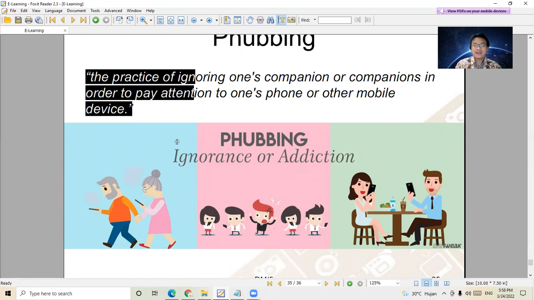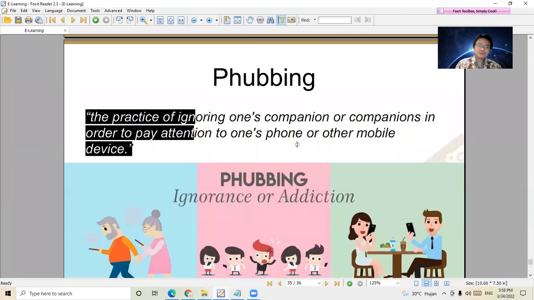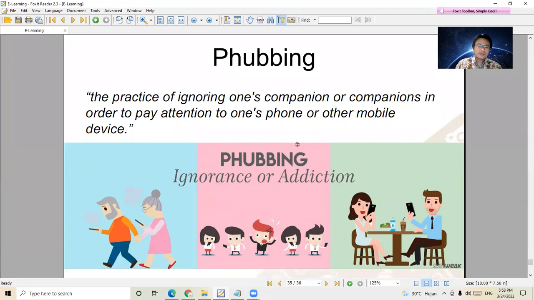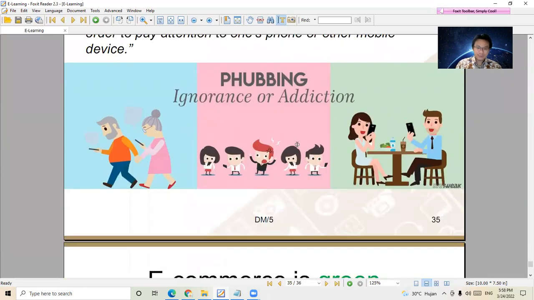We call that phenomenon phubbing. They don't talk with each other even though they are together, but they are busy playing with their own phone. That's the social issue that should be observed by digital marketers as well.